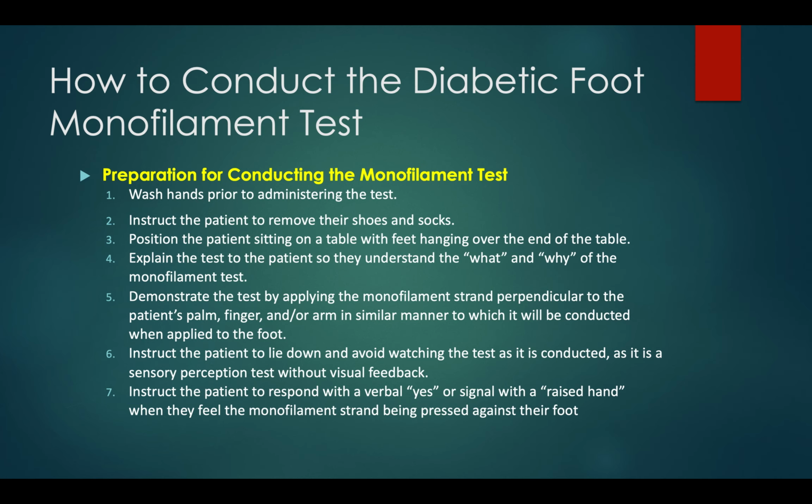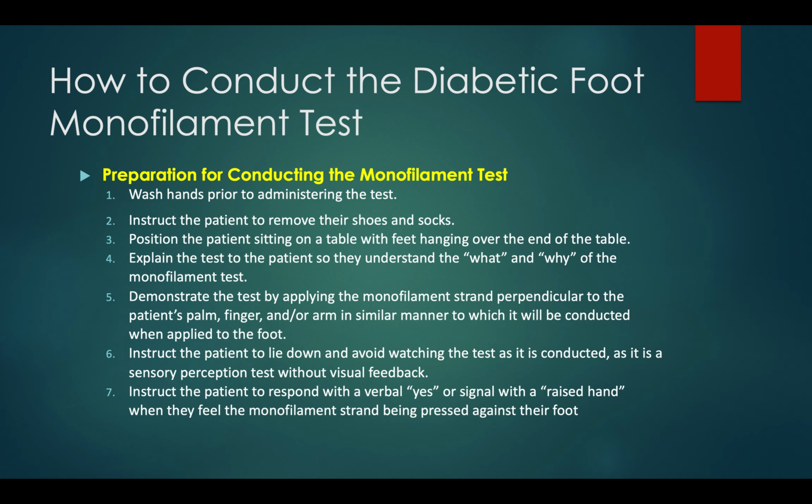At this point, we want them upright, because then you're going to explain to the patient the test that they're going to undergo, so that they can understand the what and why of the monofilament test, which basically is to determine, is there a loss of protective sensation?